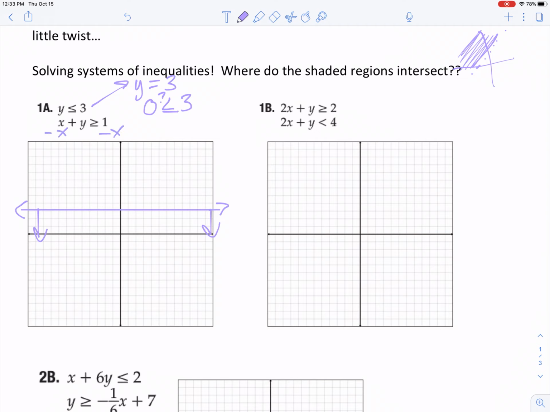So I subtract x from both sides, which lets it move to the right side, and that's going to give me y is greater than or equal to negative x plus 1. So if I graph that, that's up 1 y-intercept, and then down 1 over 1, down 1 over 1, down 1 over 1, and you are going to have to put this all the way across the graph.